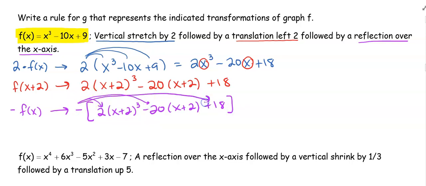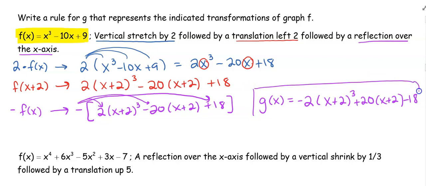And remember, it can't go inside of the parentheses because it's being trapped by the exponent. So in our final equation, the positive 2 becomes a negative 2. The negative goes to that negative 20, making it a positive 20. And the positive 18 becomes a negative 18.